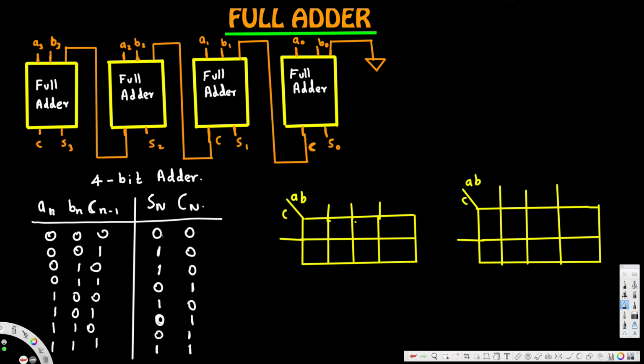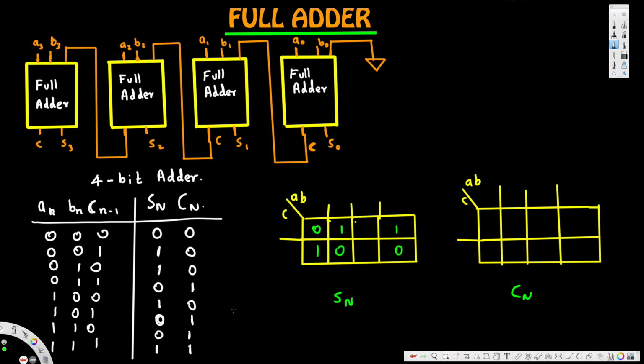For the sum, let's say this is sum and this is carry. First, for the sum: 0 1 1 0 1 0 0 1. Now let's look at the second one.